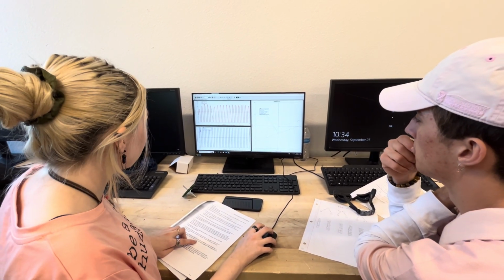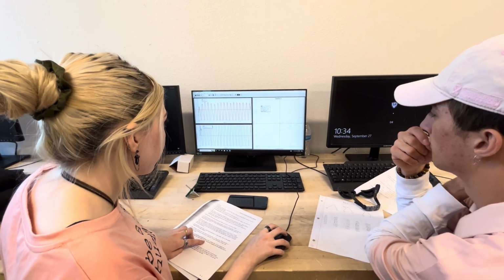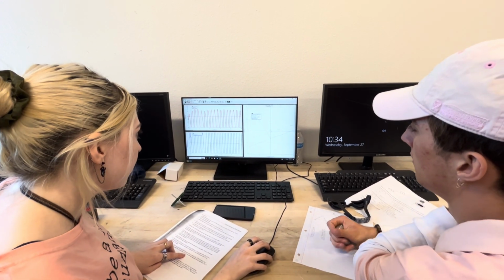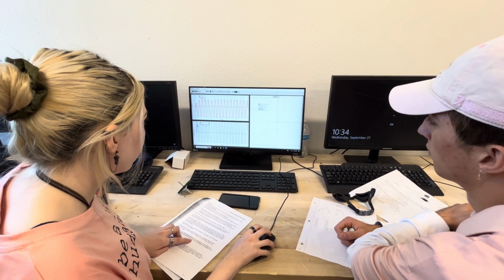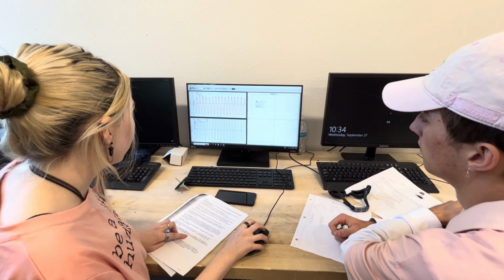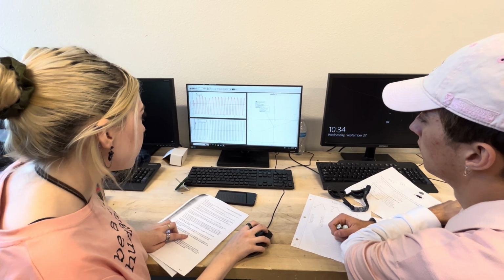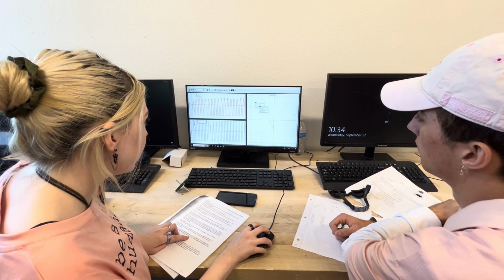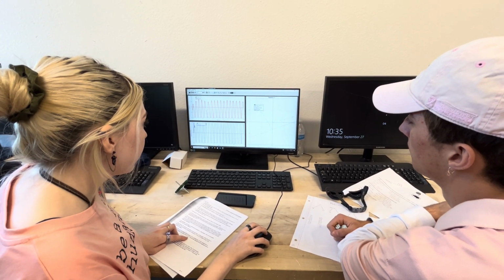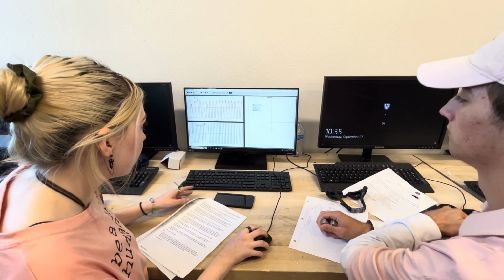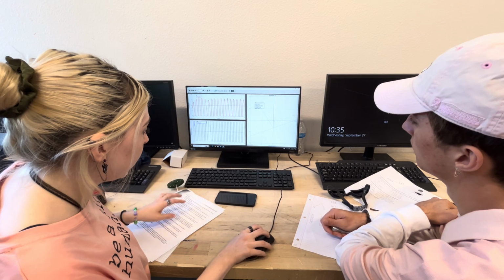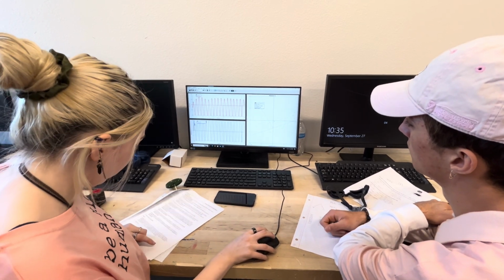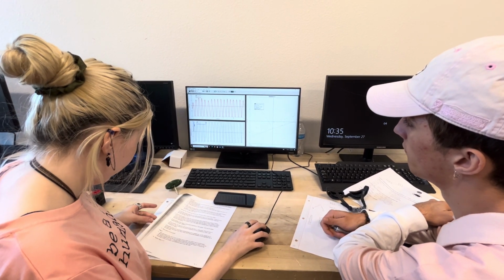Oh, click the graph first. Actually, there it is. It's the same thing anyway. It fits pretty well. We kind of see that linear here. So that's the slope of the three.